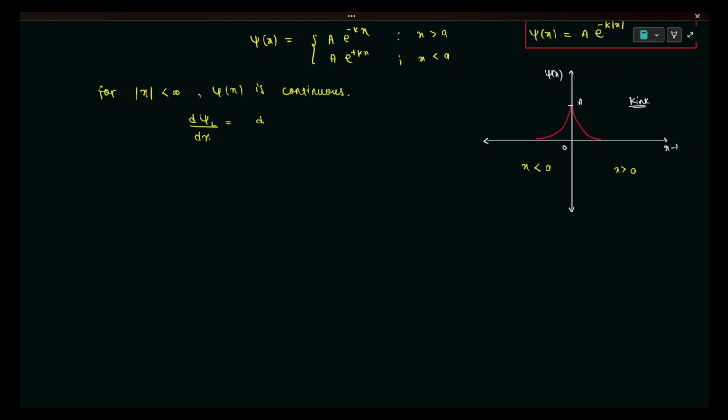In this region my wave function is a e raised to power plus kx, so its derivative will be a k e raised to power kx, or what I can say, k times psi L. Now for x greater than 0, d psi by dx for the right wave function, a e raised to power minus kx, will be minus k psi R.